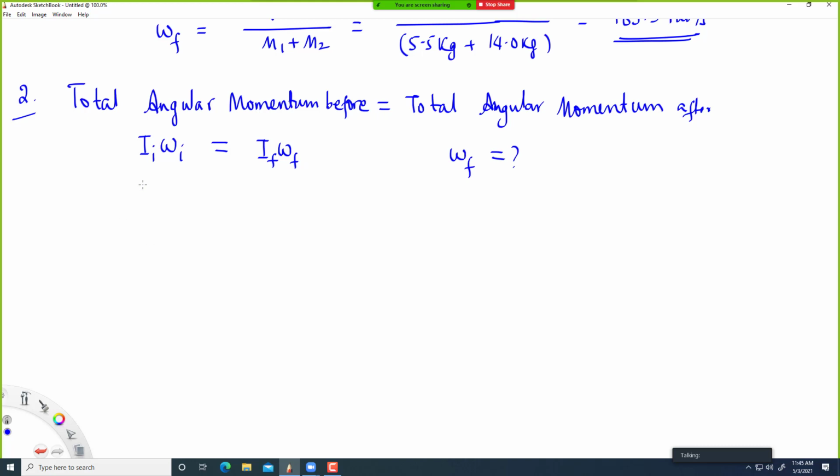So what's the I initial? If you remember from the lab last time, when we found the moment of inertia of this rod with the masses, how did you find the total moment of inertia of that system?